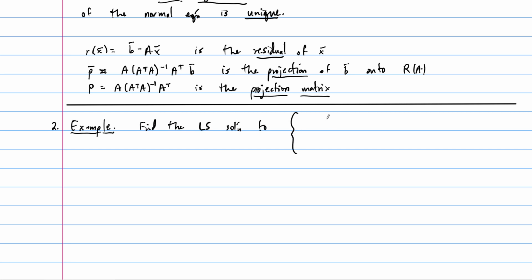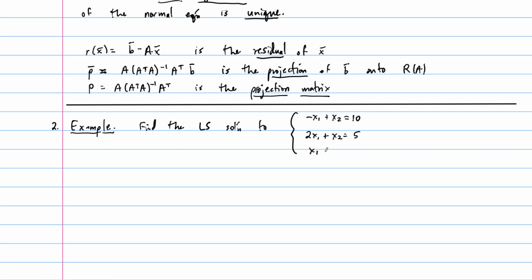Like I said, it has 3 equations and 2 unknowns, so it's overdetermined, which is why it may have no solution. By the way, if there is a solution, then the least squares solution will coincide with it, because the projection of a vector onto itself is itself. So the least squares will give you the correct solution if your system is consistent. It's kind of overkill to do it this way, but it will work.